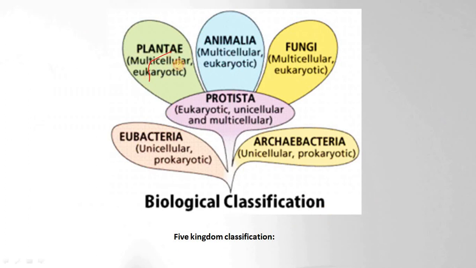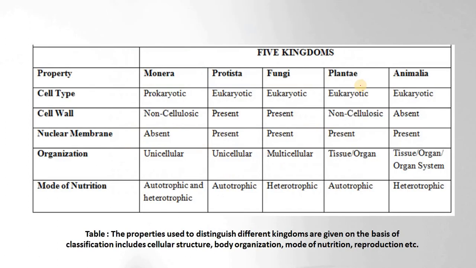Here is a figure which denotes the Plantae, Animalia, Fungi, Protista, Eubacteria, and Archaebacteria, according to Whittaker's classification. Here comes a chart which provides us an understanding.